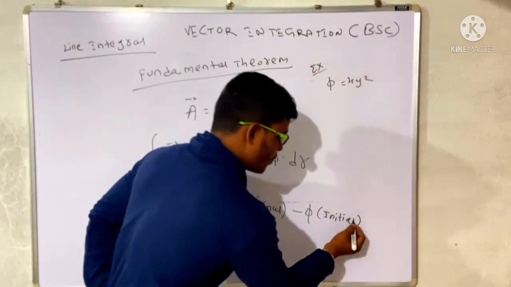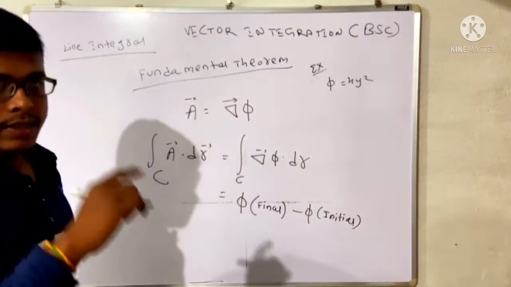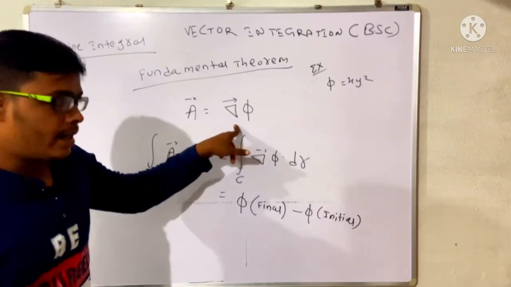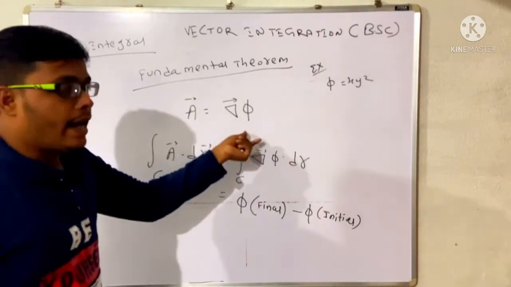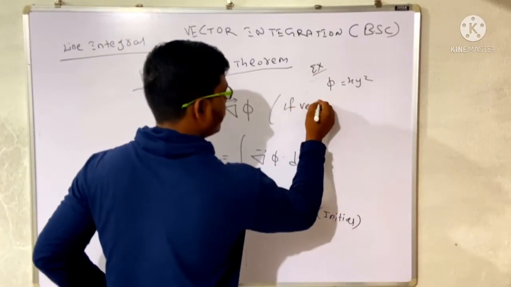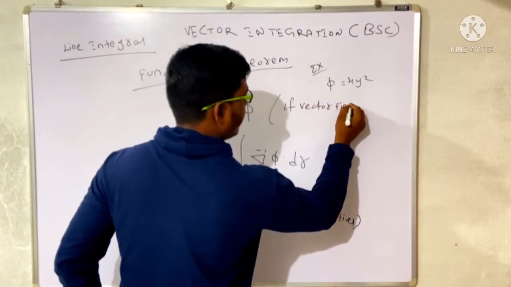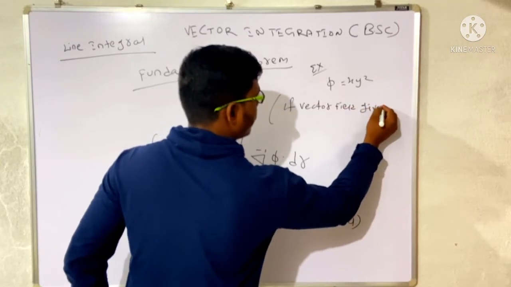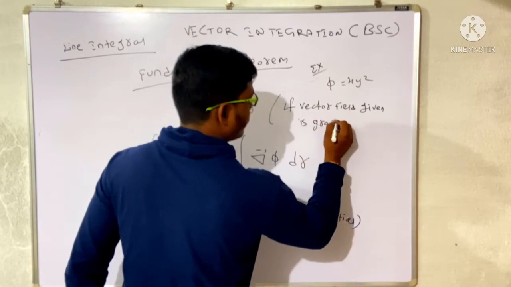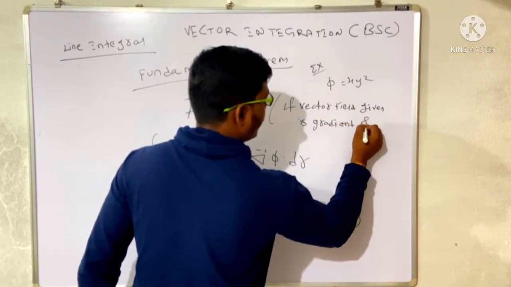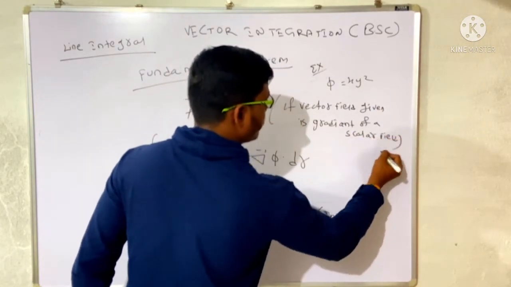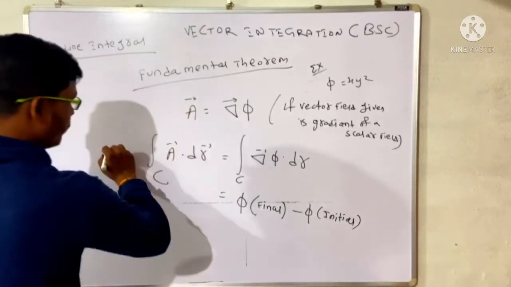So if a vector field is given to you and that vector field is the gradient of a scalar field, then you can use this case.